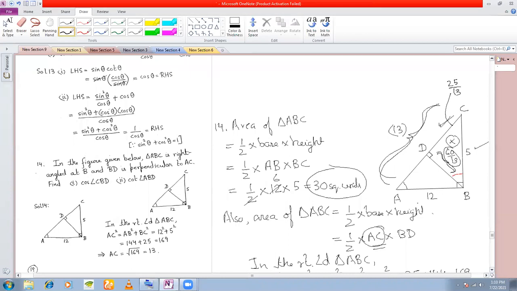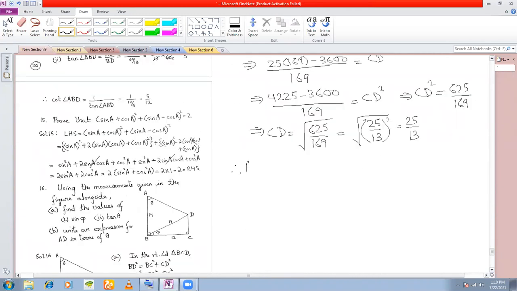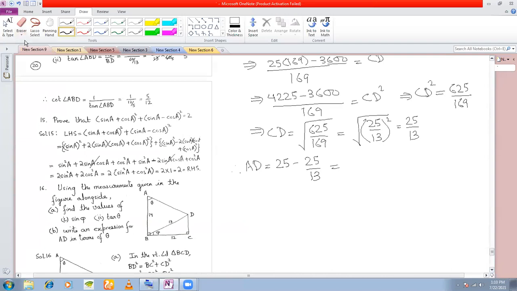Fine. What is left? AD. This length is left. But AD is how much? This entire length is 13. So therefore, this is 13 minus 25 by 13. Right? This entire length was how much? 13, sorry. This is 13 minus 25 by 13.